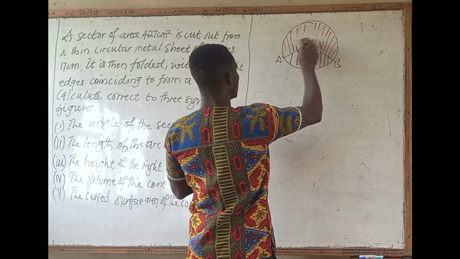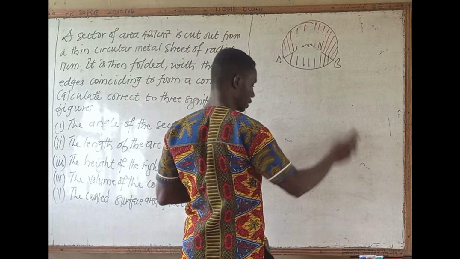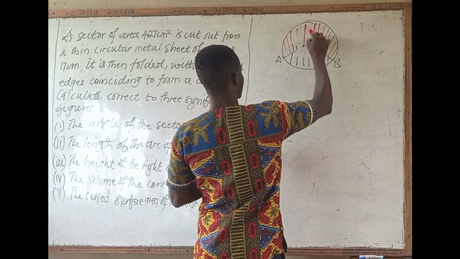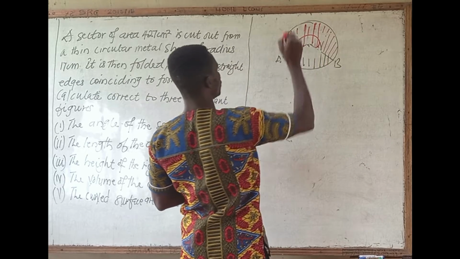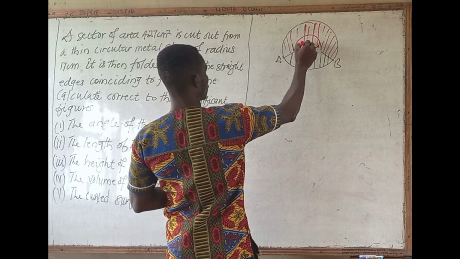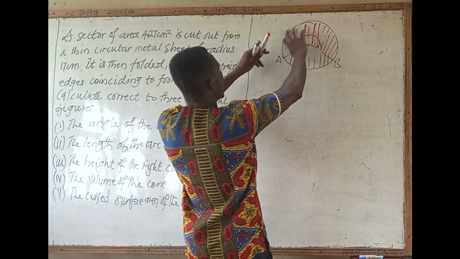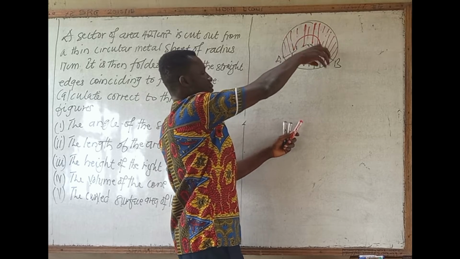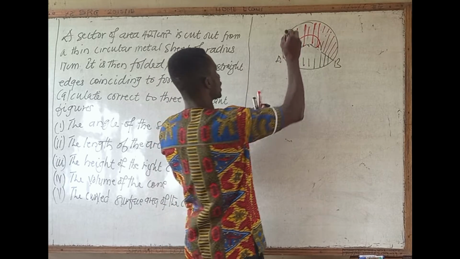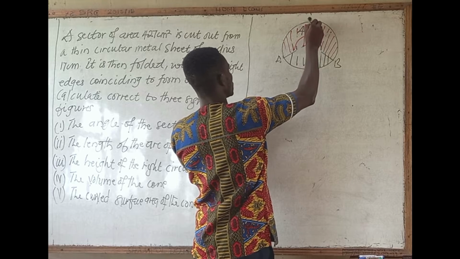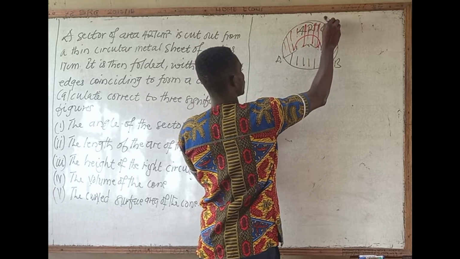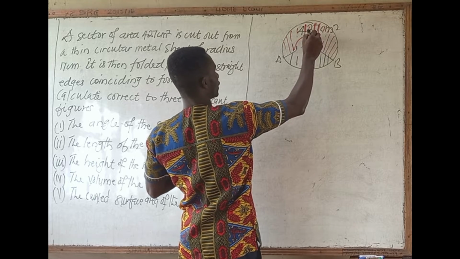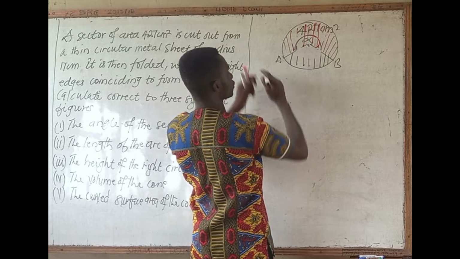Now, this angle has not been given to us. But what has been given to us is the area, the shaded portion. The area shaded with red marker has been given as 427 centimeters square because it's an area. But the angle alpha is not given.